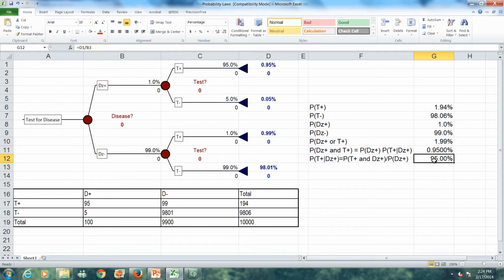After the equal sign, you see a joint probability. Test positive plus disease positive. And that's the value right here in cell D1. So I would take this value, divide it by the probability of being disease positive, 1%, and that would yield the overall value here. So look again up here in the formula and you will see that value.